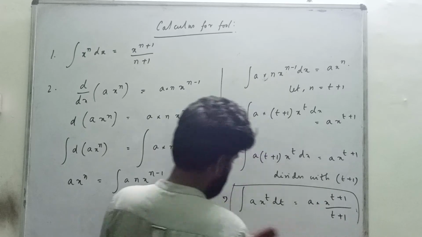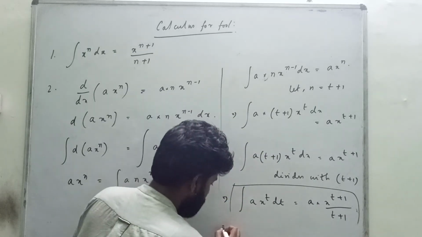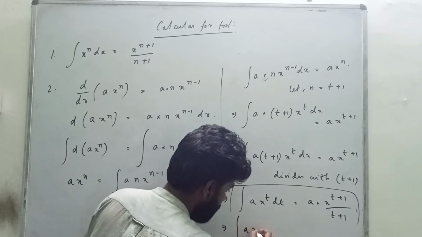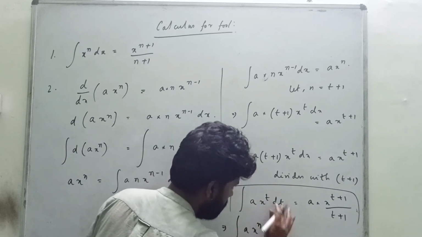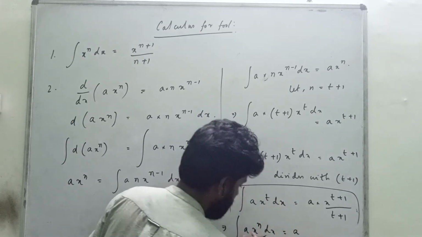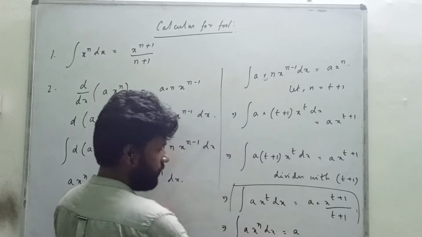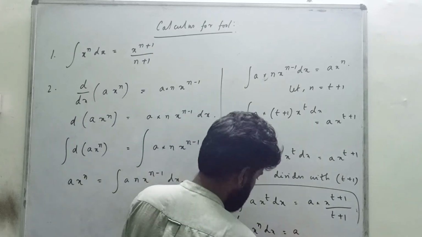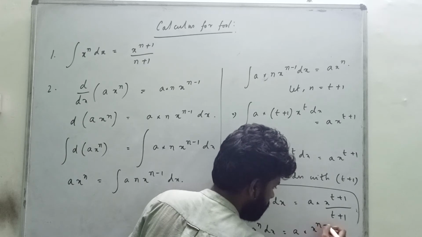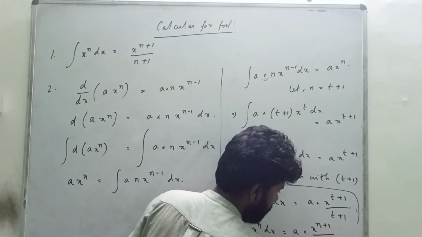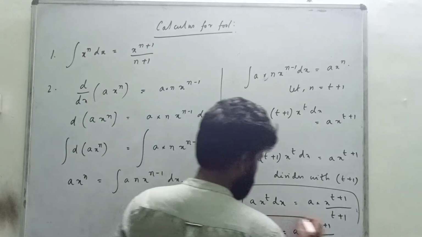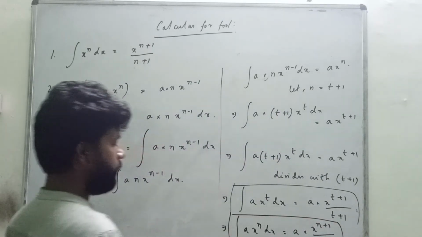So it is our second formula. Since t is a dummy index, instead of t you can write the integral of a x power n dx. Here a is a constant. The constant remains constant, it doesn't hamper calculation, and x power n becomes x power n plus 1 by n plus 1. So it is our number 2 formula.